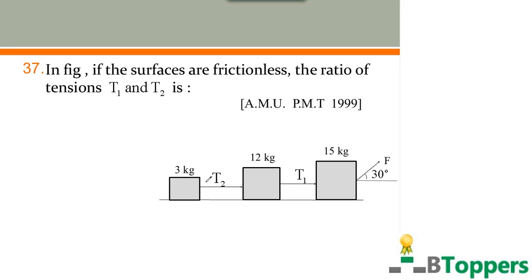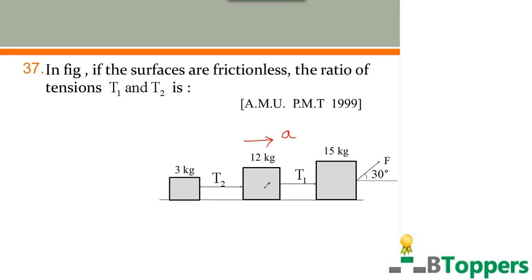See the question number 37. In the figure, if the surfaces are frictionless, the ratio of tensions T1 and T2 is? So here, if you assume that the strings are inextensible, all the three blocks move towards the right with the same magnitude of acceleration.